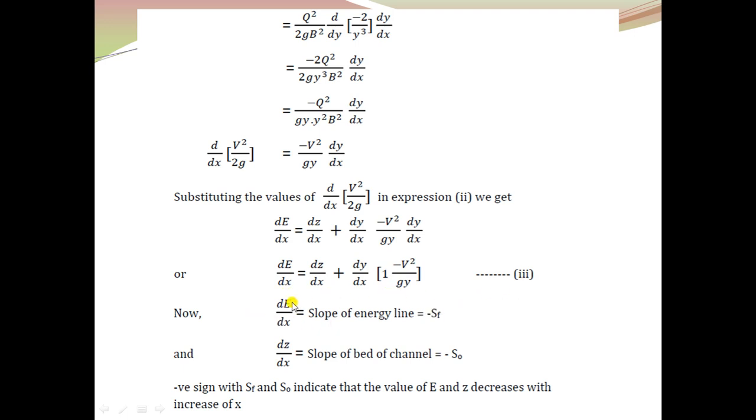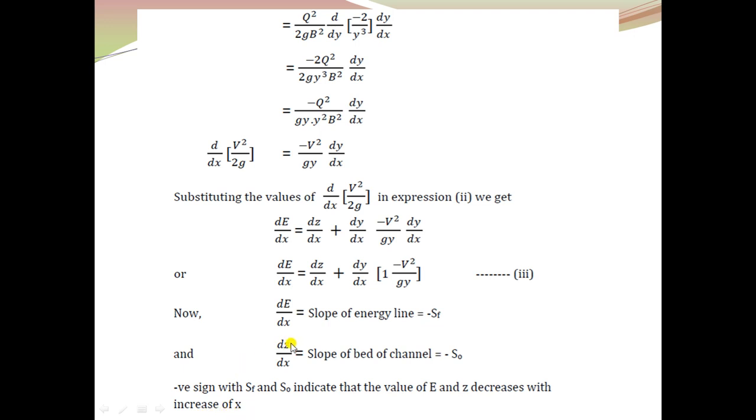But dE by dx represents slope of energy line, and dE by dx is equals to minus SF. Why negative? Because SF is decreasing in the direction of flow, or I can say negative sign of SF indicates the value of E is decreasing with the increase of x.